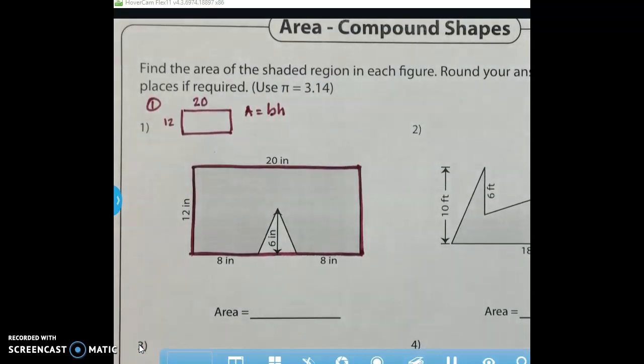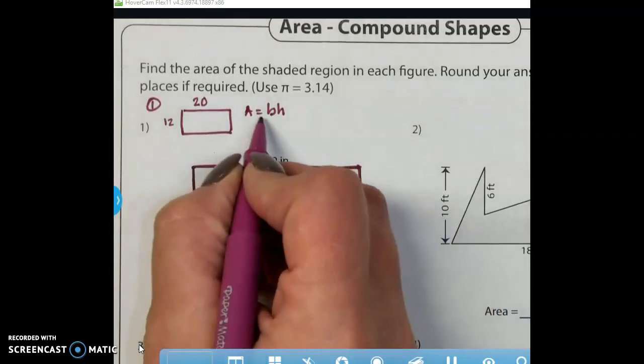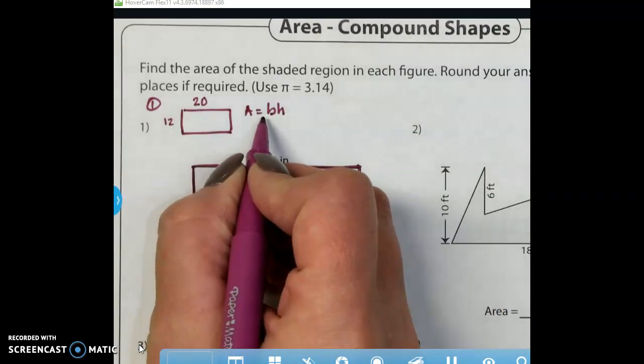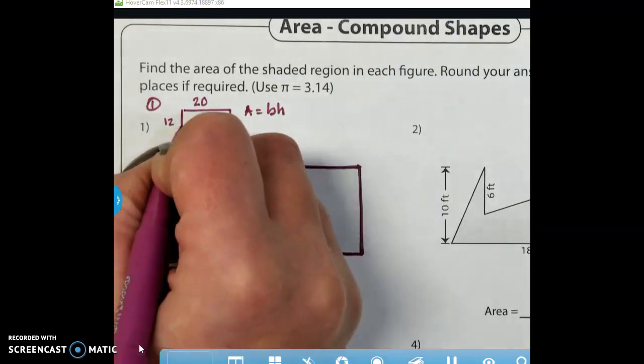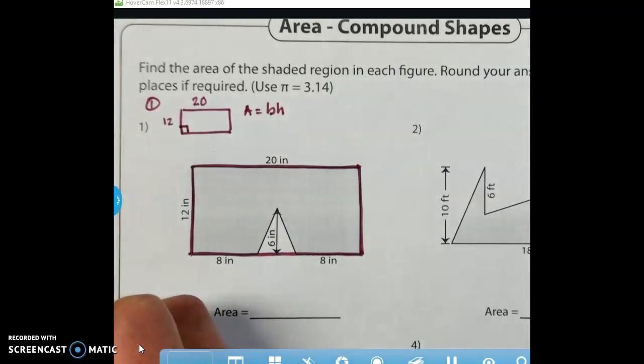So before we move on, I just wanted to mention that in my explanation and in your thinking, I would like for us to make sure that we use the terms base and height, not length and width. You're going to see this formula in your STAAR chart, in your reference materials. So kind of keep that in mind. Base and height have a very important relationship.